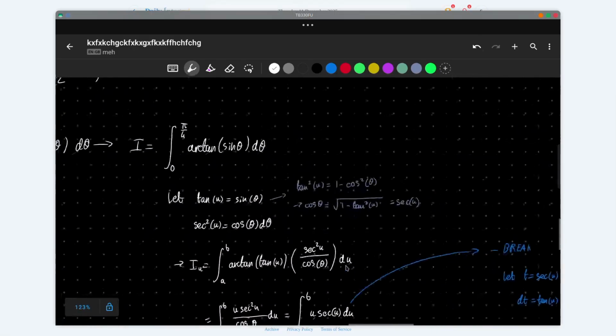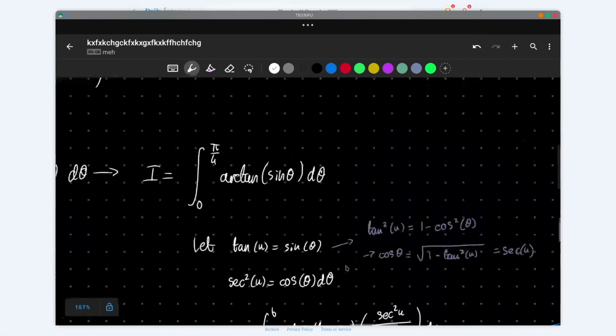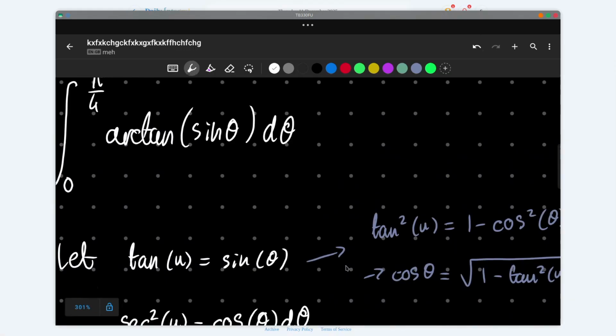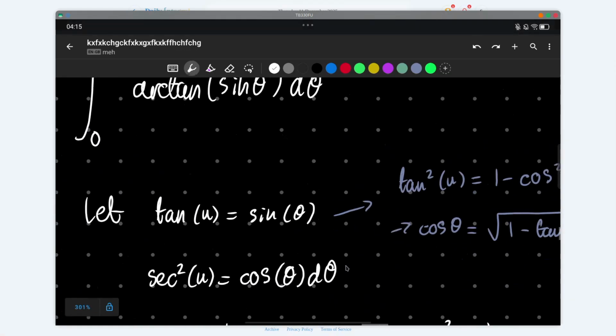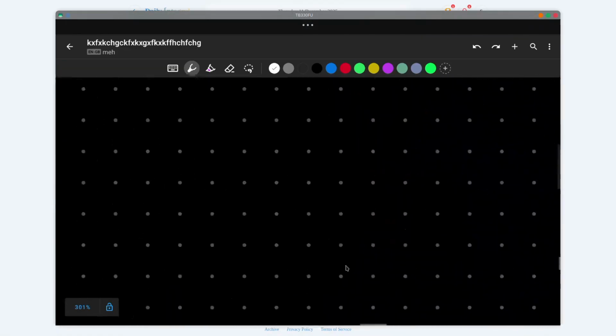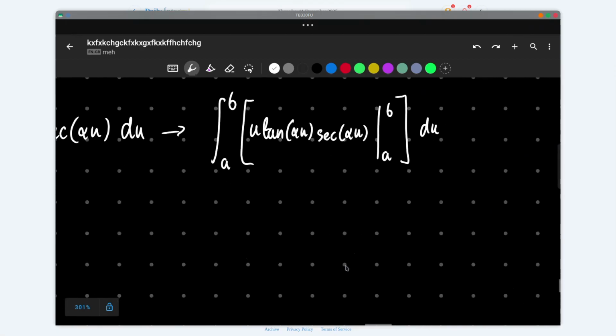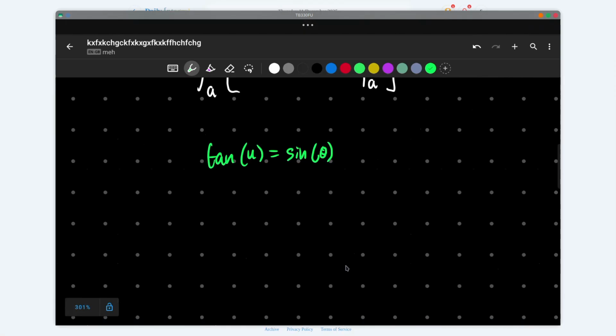Okay, where did I do my substitution? Is that the substitution? That's the substitution. Okay. So we have, whoa, tan u equals sine theta, from 0 to pi over 4. At 0 they're both 0.